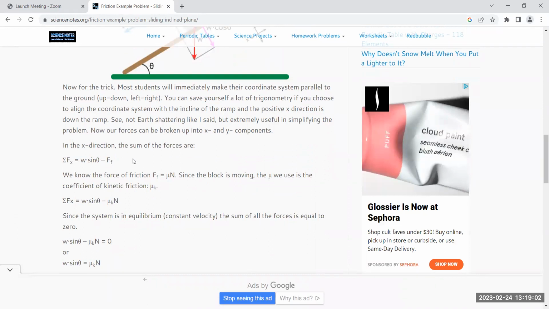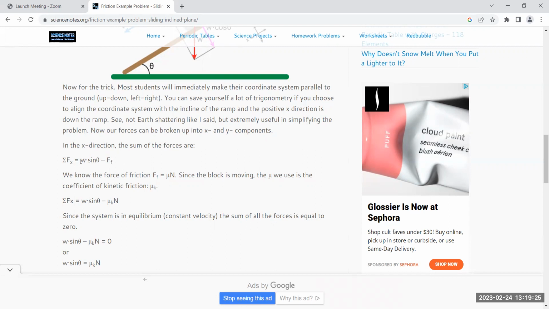All right, next sub-step. We still don't have this in terms of what we want. Remember, we're trying to find the coefficient of friction, this mu thing. So our first objective really should be to work these equations down to the point where they all have a mu in them, because that's what we're trying to find.